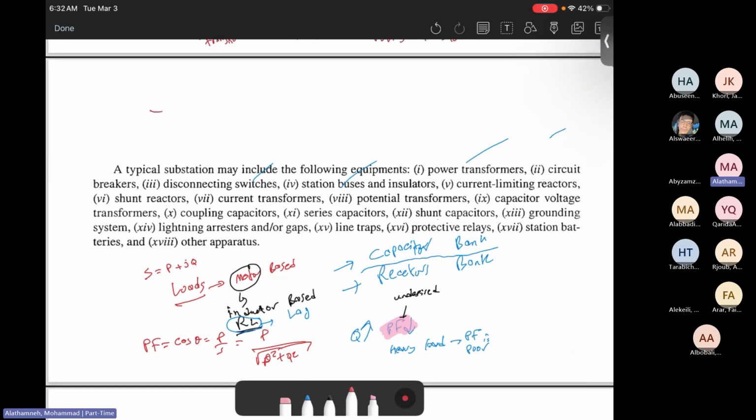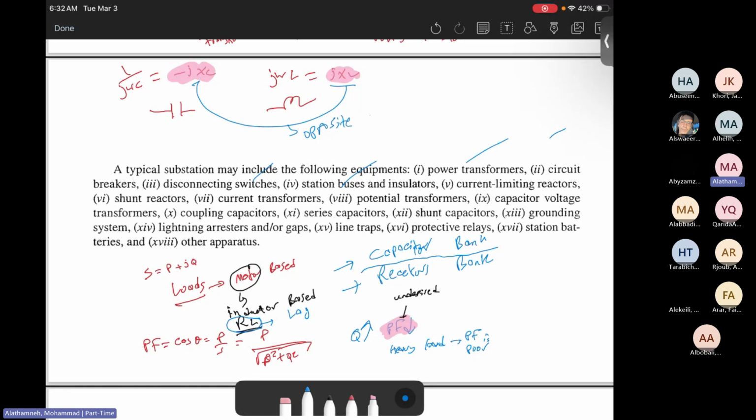Basically, recall the capacitor and recall the inductor. The inductor, we used to say it is j omega L, or jXL. However, the capacitor is 1 over j omega C, or negative jXC. Then you will see the inductor has a positive reactance and the capacitor has a negative reactance, which makes them opposite of each other.